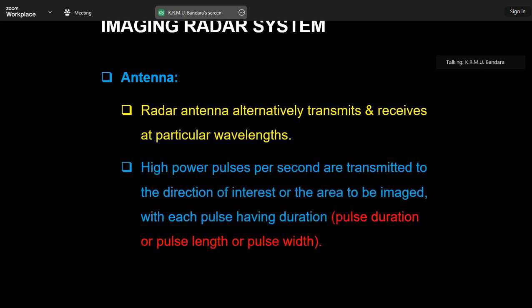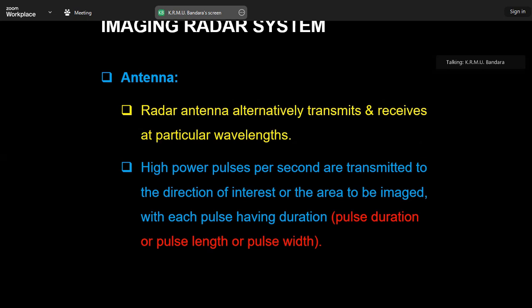Then high power pulses per second are transmitted in the direction of interest, the target which the antenna is looking at, or the area to be imaged, with each pulse having a duration. This is called the pulse duration, pulse length or pulse width. Because of the duration, there should be a length, because of the velocity and the duration.